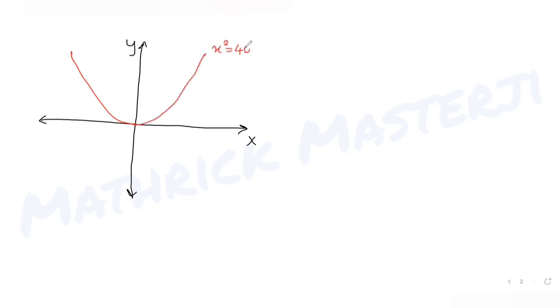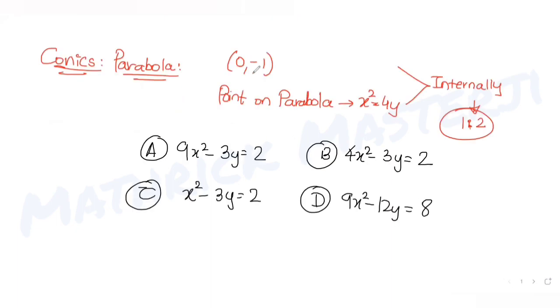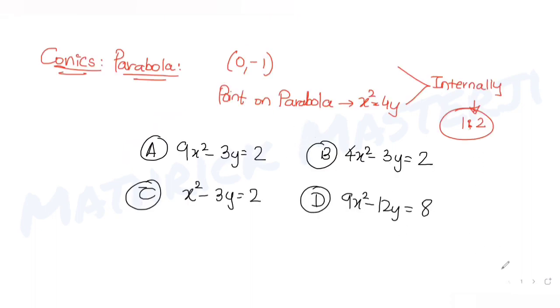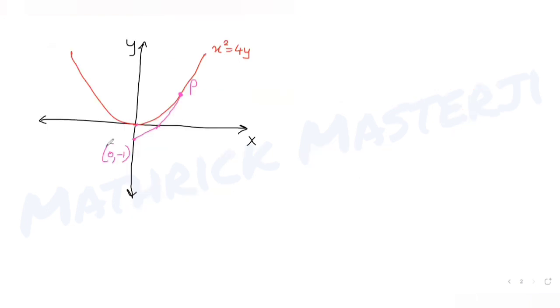There is a point P on the parabola, and the other point is (0, -1), which would be somewhere here. If I join these two points by a line, there is a point which divides them internally in the ratio 1 is to 2.